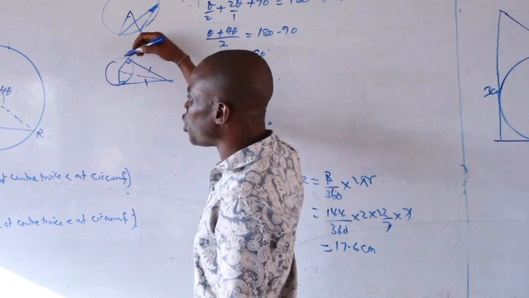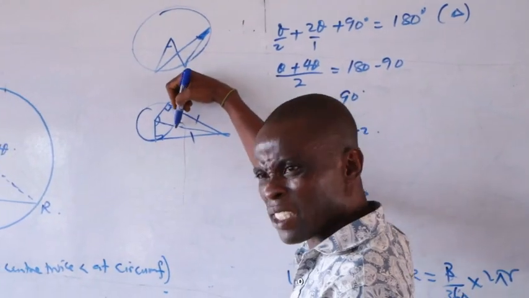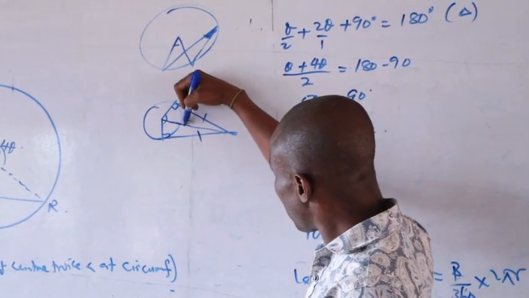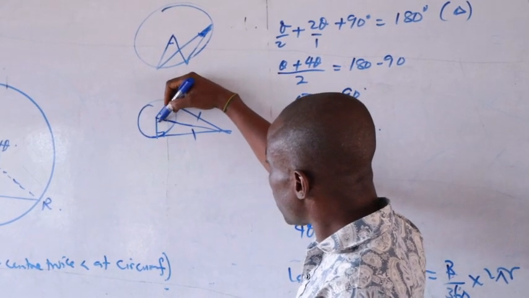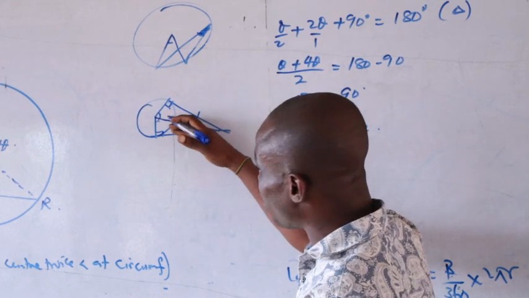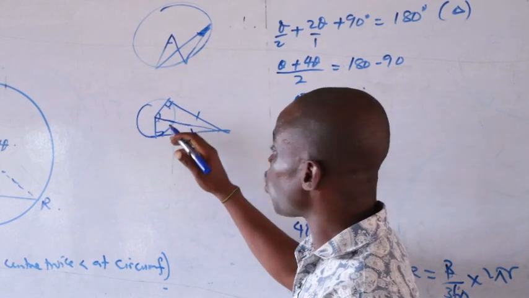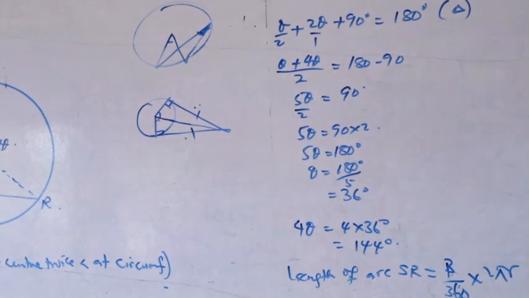Right angle, right angle. This line here is a bisector. If this line bisects this angle, and this one is 90, this triangle is a replica of this one. That's why the two lengths here are equal. Now, what I will use here is this.